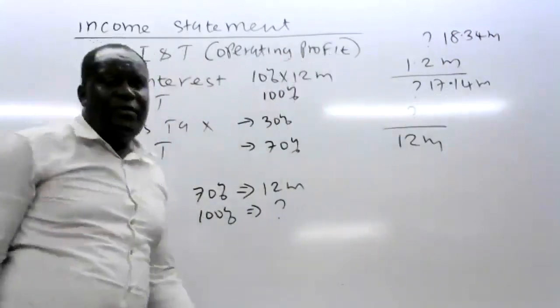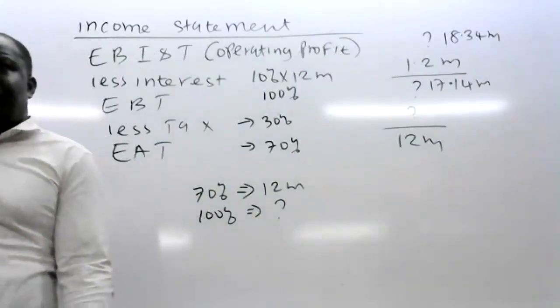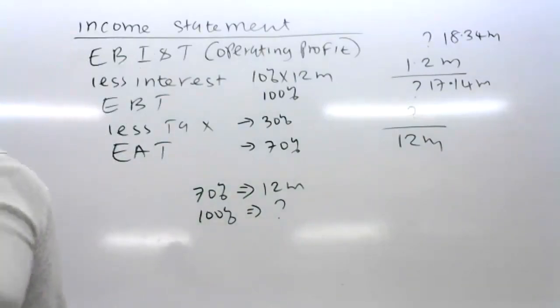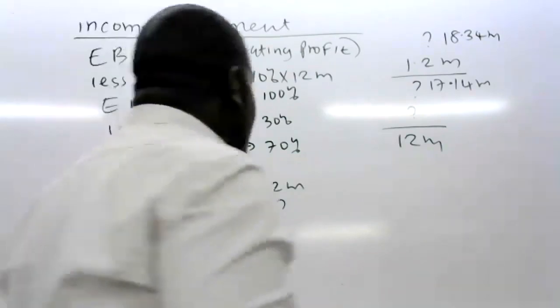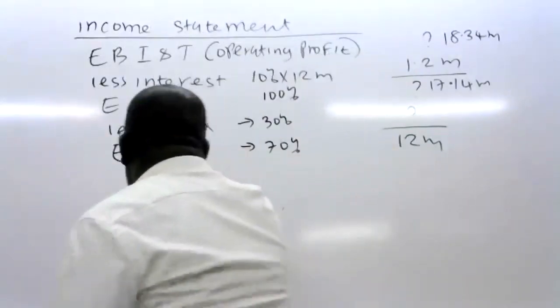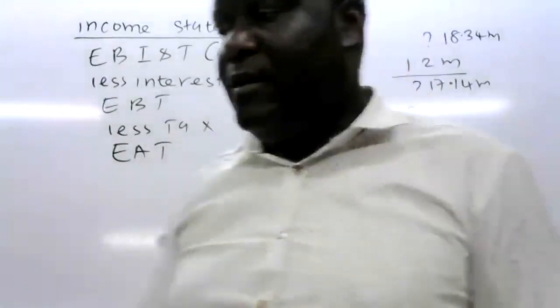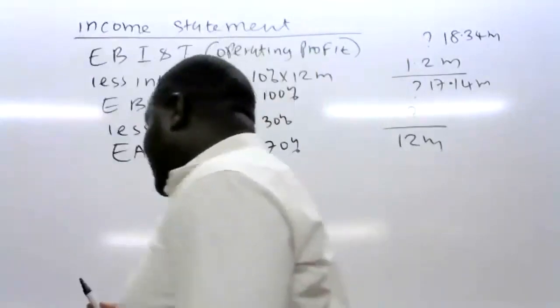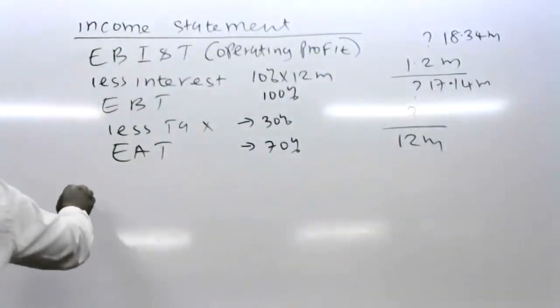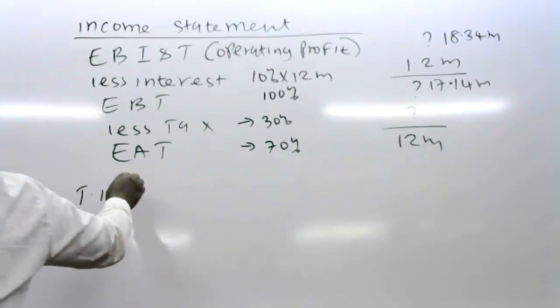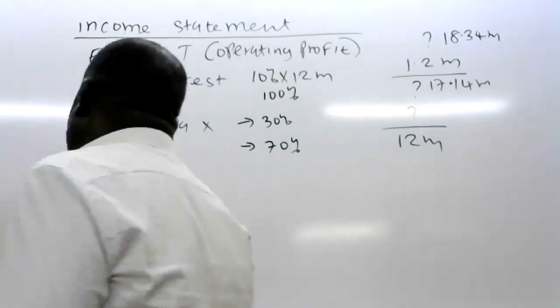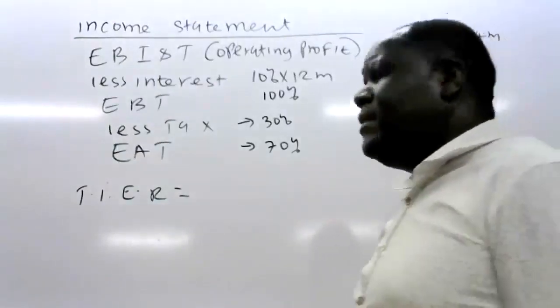So after that, we got the Roman letter 1 of the question. Roman letter 1 wanted you to calculate the times interest earned ratio. Let us see how to get it.